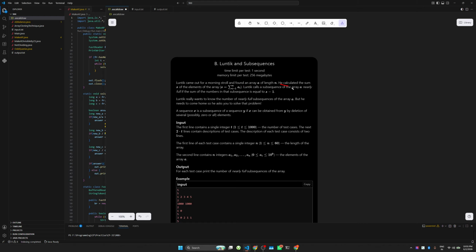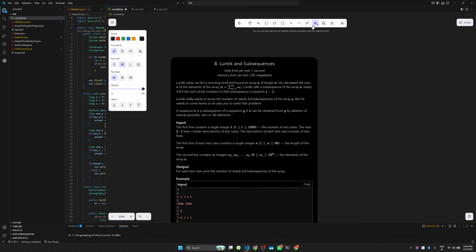He calculated the sum S of the elements of the array from i equals 1 to i equals n, the sum of all those elements. Luntik calls a subsequence of the array A nearly full if the sum of the numbers in that subsequence is equal to S minus 1.